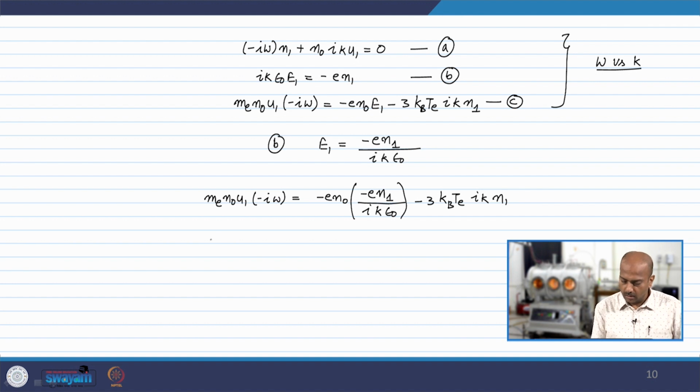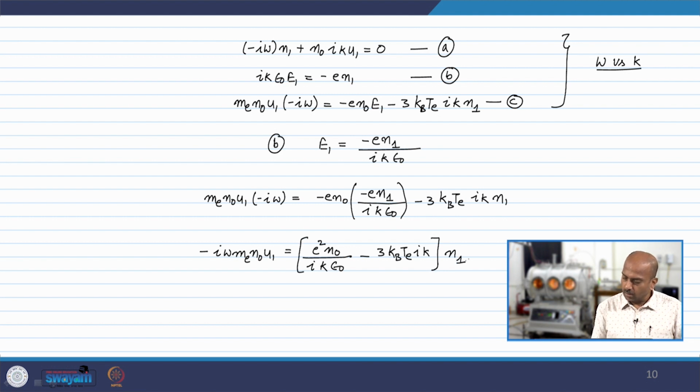Right. So, which will be minus i omega m_e n naught u1 is equal to e square n naught by i k epsilon naught minus 3 k_B T_e i k times n1.